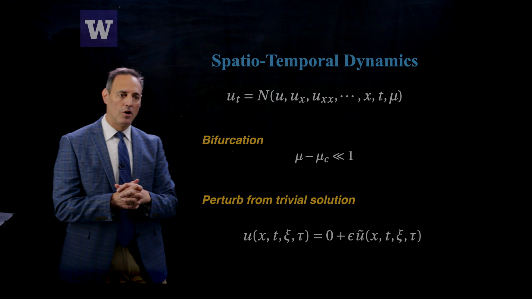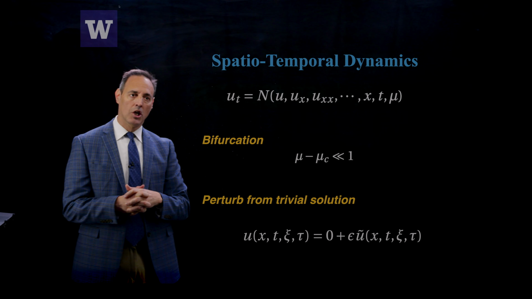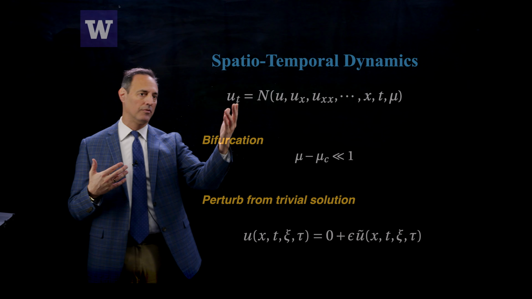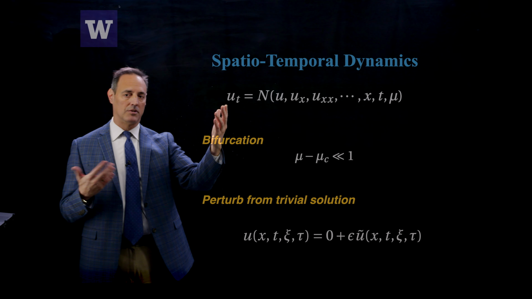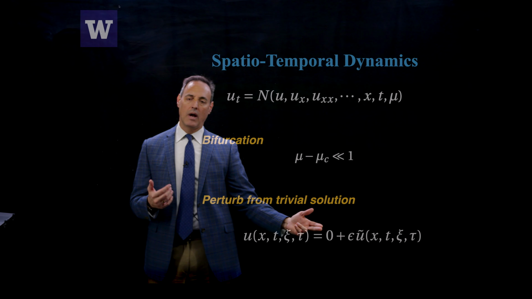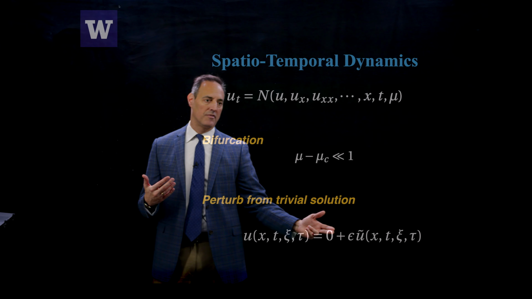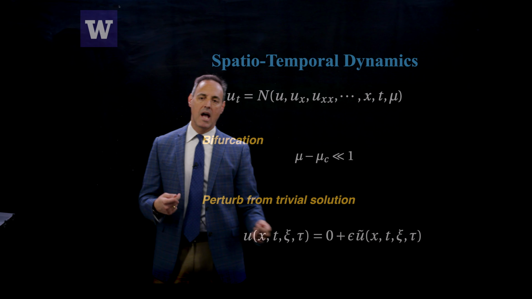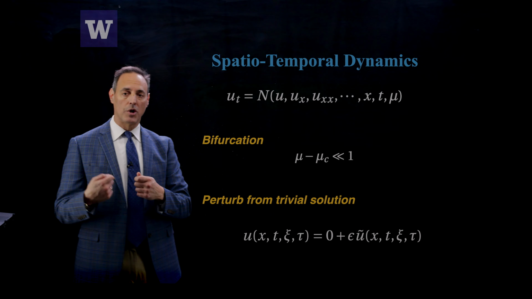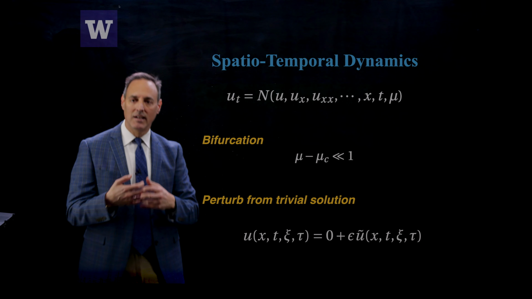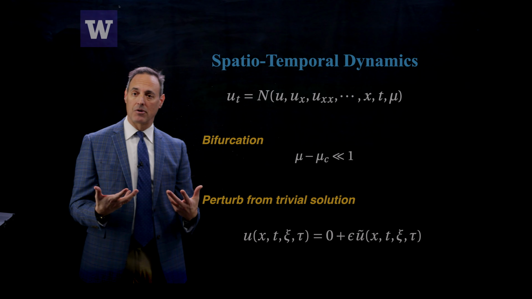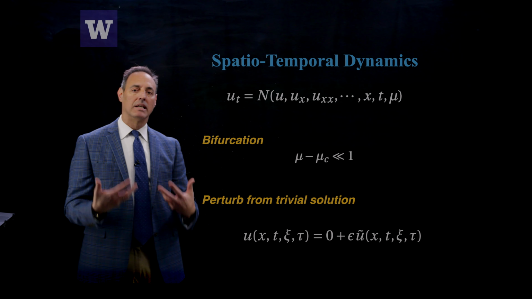So let's perturb from the initial conditions. We're going to start off with a very simple example of, let's say, suppose I have a trivial solution. 0 is a solution to this. Then I want to say, all right, 0, and what happens when I perturb from 0? So I have some perturbation from here, and what happens in the system is what happens if there's some value of mu_c, which when I walk mu past that, the 0 solution becomes unstable, and then I see some pattern arise in my dynamics.